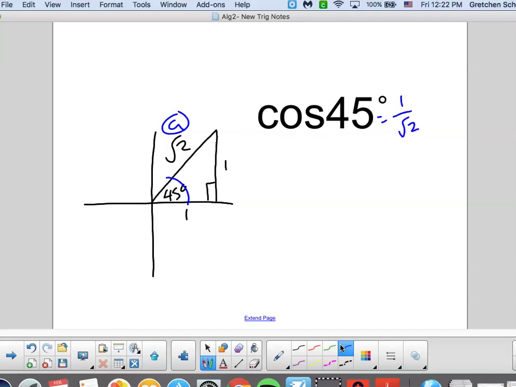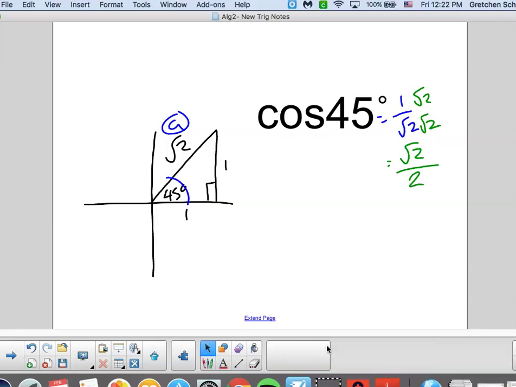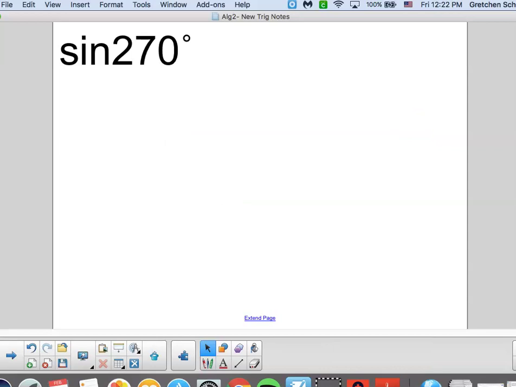No. What do we multiply by to fix it? What's 1 times the square root of 2? What's the square root of 2 times the square root of 2? 2. Because isn't it really the square root of 4, which is 2? So far, okay? All right, next one, 270.